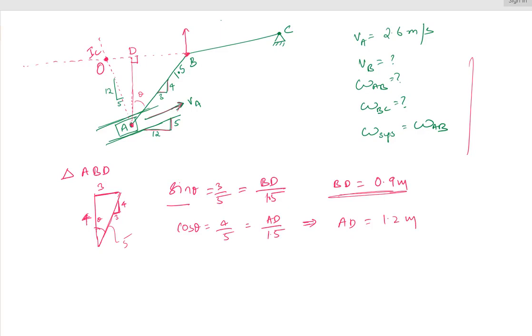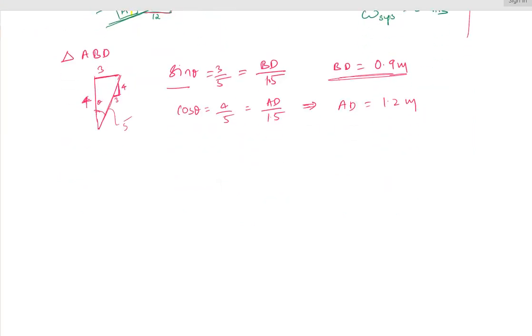All right. Now let's look at this other triangle, AOD. In triangle AOD, similarly, let's say here alpha. Cosine alpha is AD over AO, right?